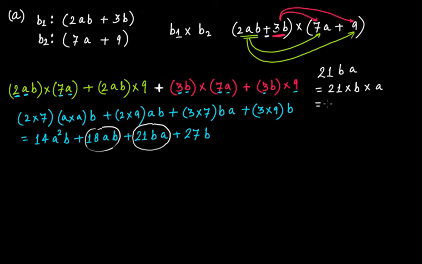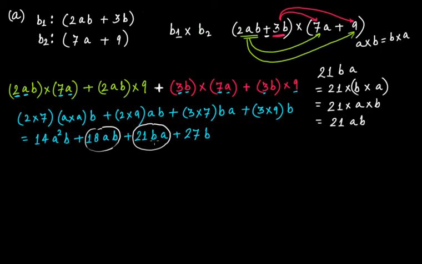Can we write this as 21 multiplied by a multiplied by b? How? This is b multiplied by a, and you know the commutative property of multiplication states that a multiplied by b is equal to b multiplied by a. So it can be written as 21 multiplied by a multiplied by b, that is 21ab.